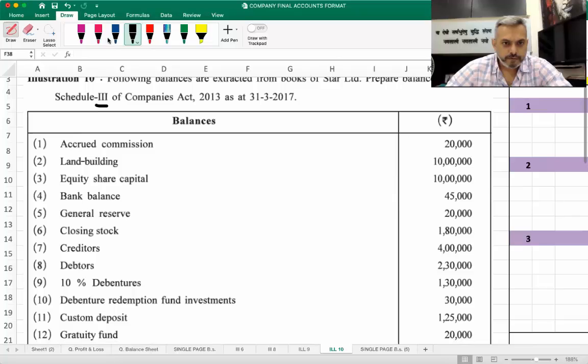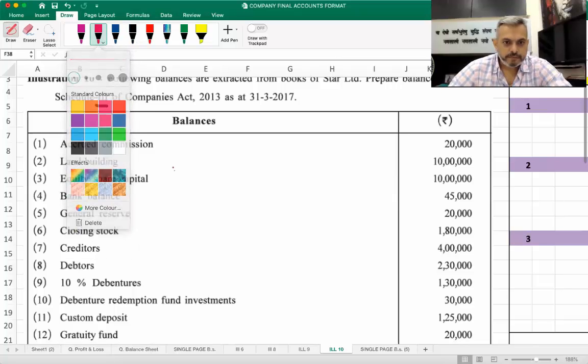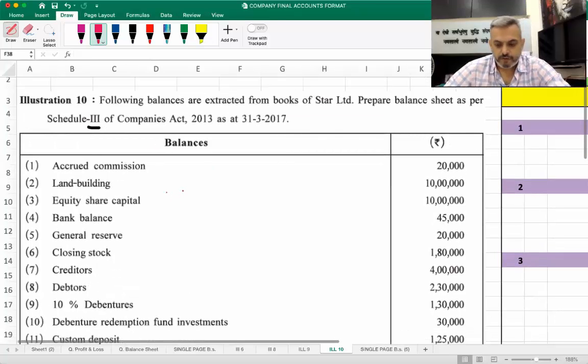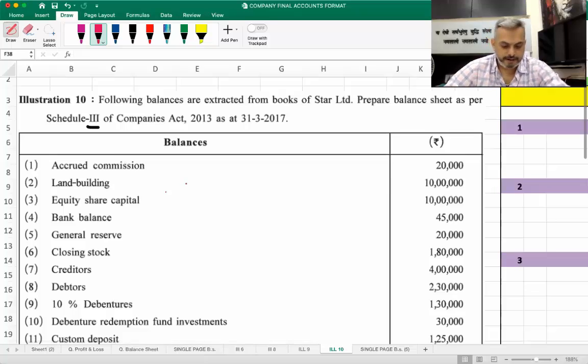Now over here, various balances are given. So you have to go one by one and see where everything will go under which heading. Now accrued commission is given. Accrued commission. Accrued means what? Accrued means outstanding.